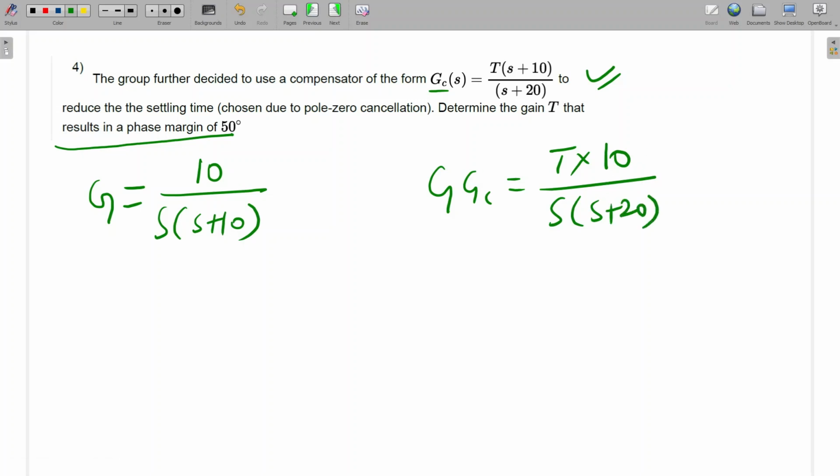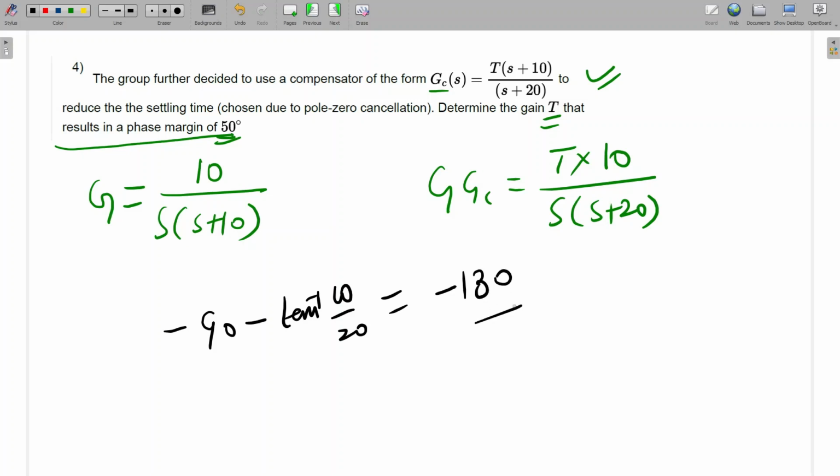Now the same thing we have to do for 50 degrees of phase margin. What will be the value of T? Here also we'll do the same thing. So 50 degrees means the angle contribution should be minus 130. So minus 90 minus tan inverse omega by 20 should be equal to minus 130.